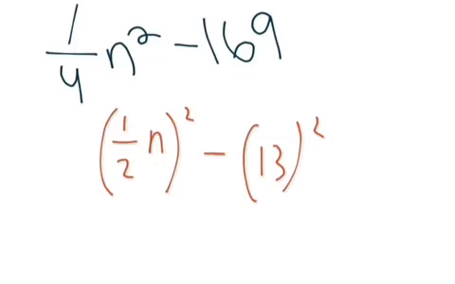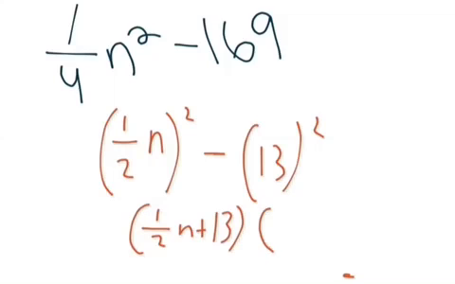And then we're going to put that in factored form. So then you just take one of the numbers, 1/2 n plus 13, times the other number, 1/2 n minus 13. That's your final answer.